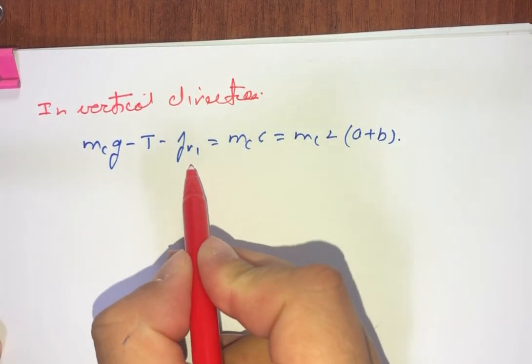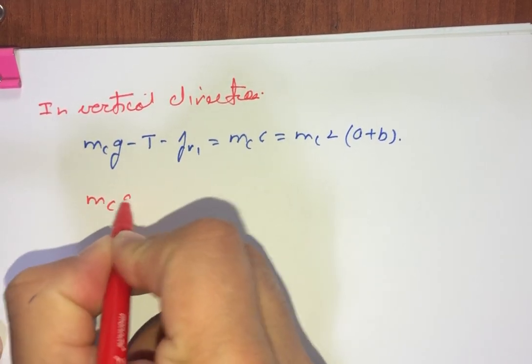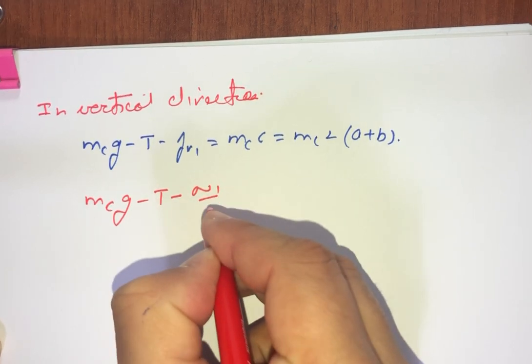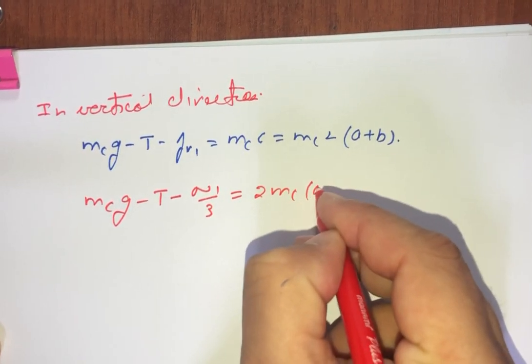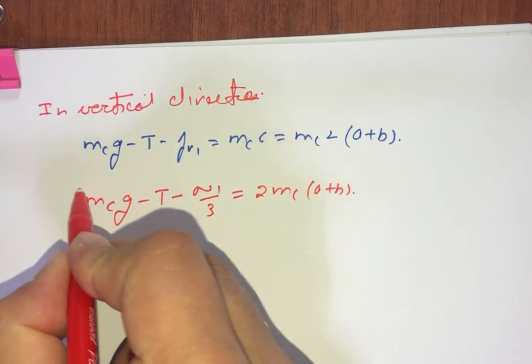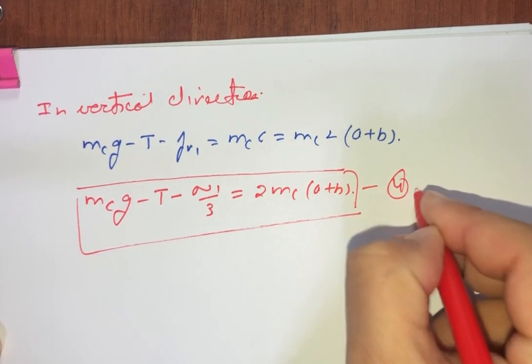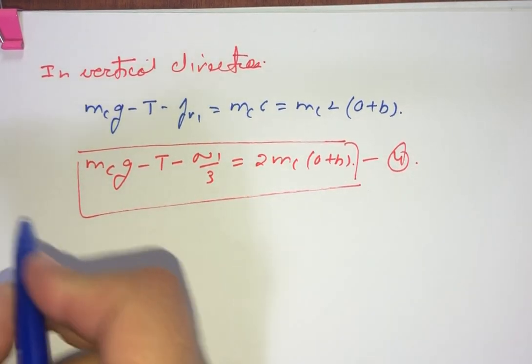We also know FR1 is N1 by 3, so we can write this equation as MCG minus T minus N1 by 3 is equal to 2 MC (a plus b). Let us call this equation number 4. Now let's write the equation for block B.